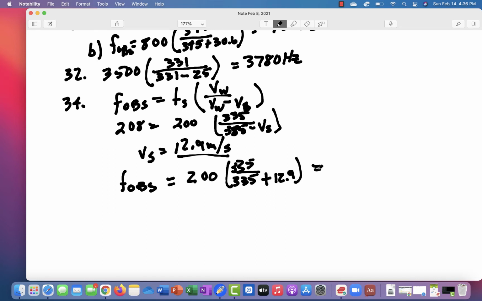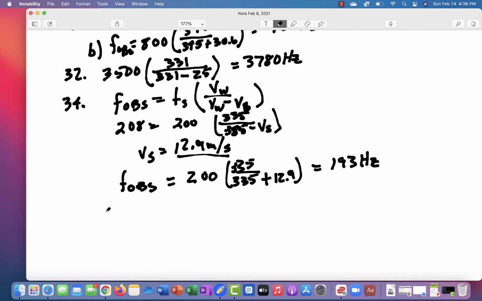And that's going to equal 193 hertz. And it should be, this is 208, so it's about 8 different. It should be pretty close to that. It actually came out to 192 and change. So this difference, the fact that this isn't 192, is because of rounding in the calculations.